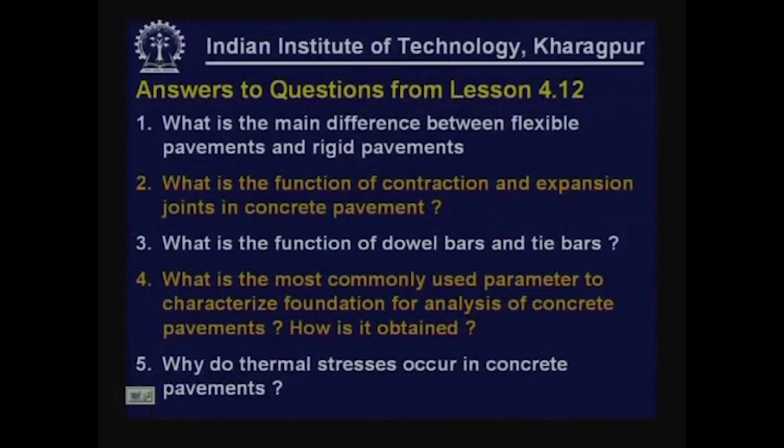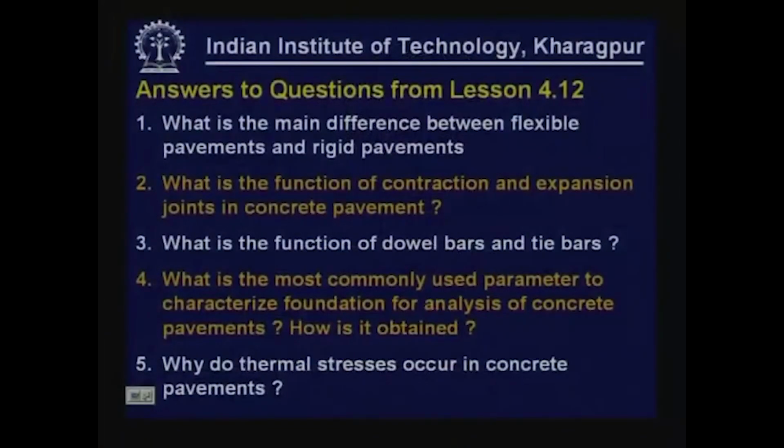Whereas expansion joint is to allow for the expansion of the slabs, because slab is going to expand when the temperature increases, but there has to be some gap that is available between different slabs to accommodate that increase in length of the slab. So that's the reason why we provide expansion joints. What is the function of dowel bars and tie bars?